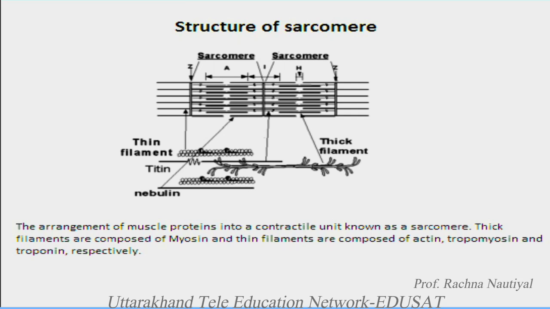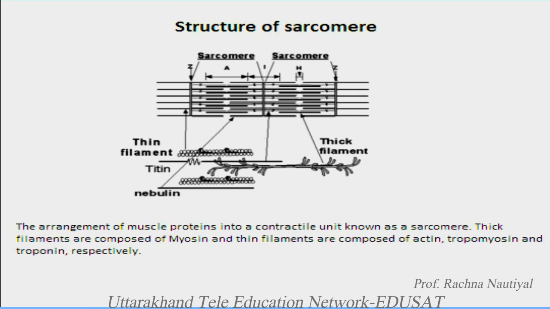So, the arrangement of muscle proteins into a contractile unit is known as a sarcomere. A sarcomere is nothing except the arrangement of various muscle proteins into a contractile unit, whose function is only to contract and retract.